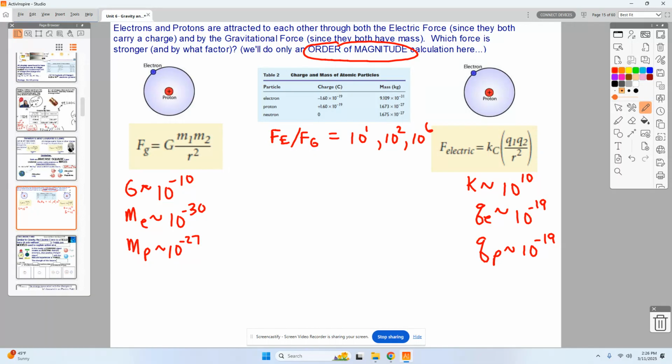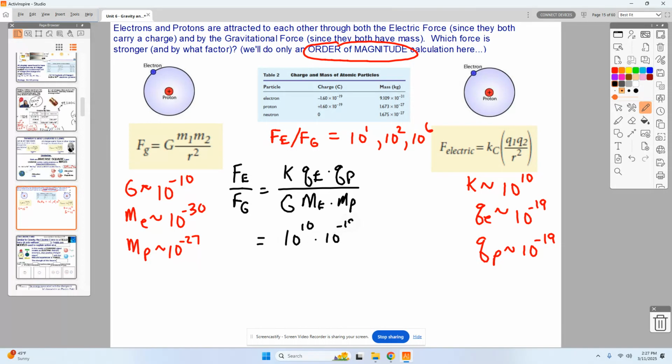So let's go ahead and now do this ratio. Fe is to Fg as K, Q of the electron times Q of the proton, is to G, mass of the electron times mass of the proton. We're going to do this in powers of 10, so we don't have to use a calculator. K, 10 to the 10th power.